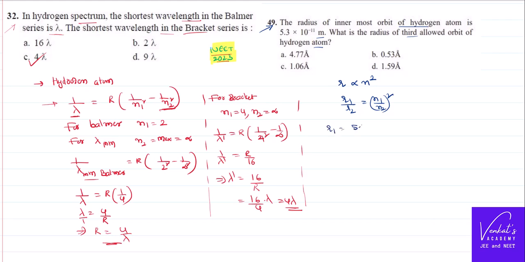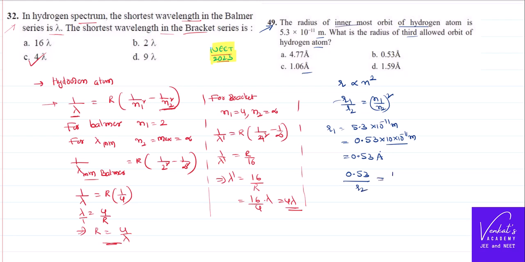r1 is given as 5.3 into 10 power minus 11 meters, but the options are given in angstrom. To get this to angstrom, you divide by 10 and multiply by 10, so that becomes 0.53 into 10 power minus 10, that is an angstrom. Now r1 is 0.53 and r2 we have to find out.